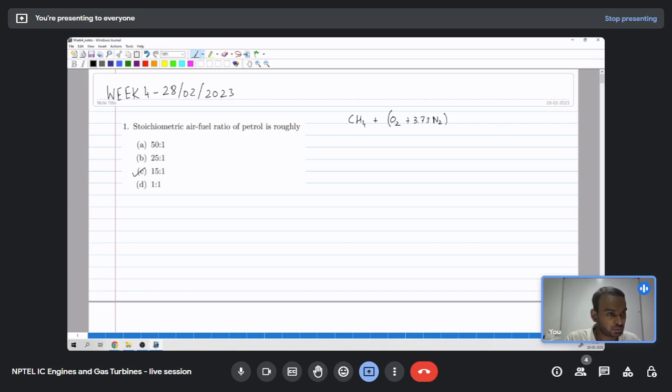One molecule of oxygen always comes with 3.73 molecules of nitrogen, and this gives CO2 plus H2O plus nitrogen. When we balance this, we will get some number, say x. So we need x moles of air to combust 1 mole of fuel.